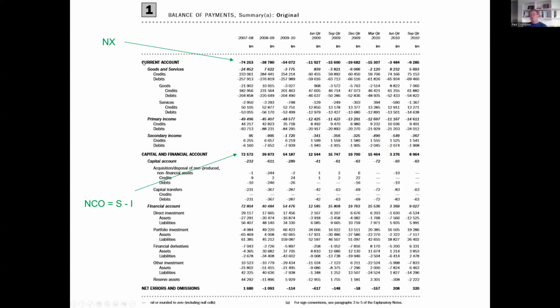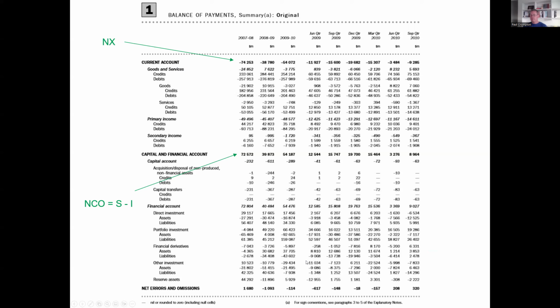So we've got two separate sub accounts. The first one is the current account from there to there. The second is the capital financial account. Just keeping in mind, the capital account's not overly important. The financial account is where everything happens in terms of where all of the big transactions are recorded. Now, I've said it before, I'll say it again.